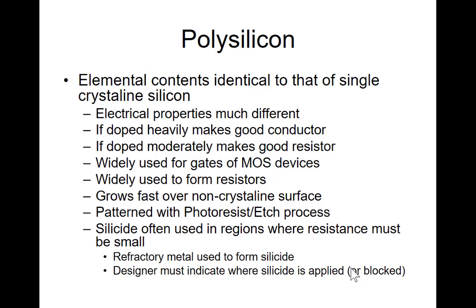And with the polysilicon, you can also control how you dope it and how you make it. Like in the 0.5 process that you were using last semester, it has a poly 1 and poly 2, and these two polys can have slightly different properties.